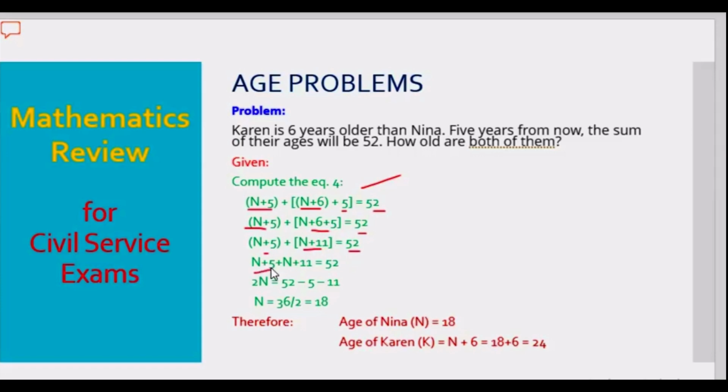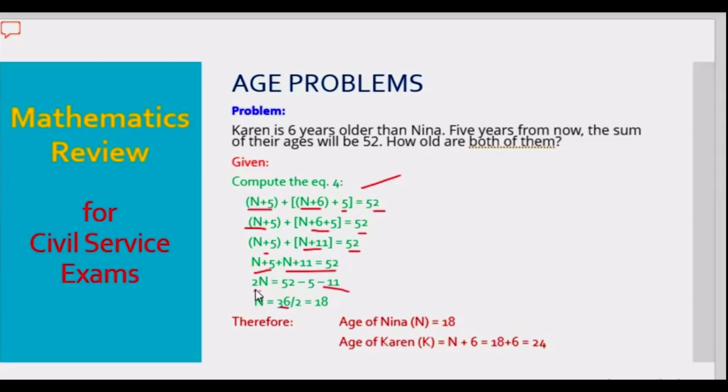So N plus 5, then N plus 11 is equal to 52. So combining similar terms, we have 2N plus 16, which is equal to 52. So the 5 here is transposed to the other side of the equation as minus 5, and the plus 11 going to the right side of the equation is minus 11. So 2N now is equal to 52 minus 5 minus 11, which is 36.